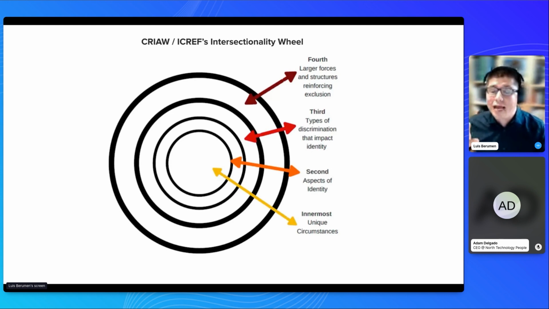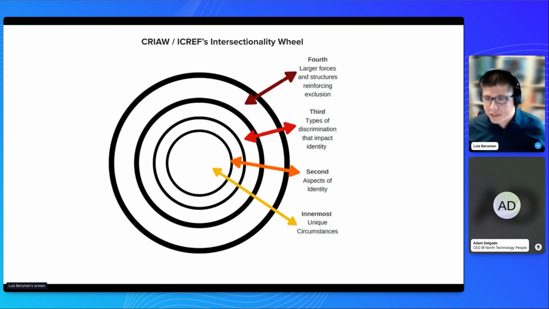Another part is, on the third level, thinking about the types of discrimination that impact identity. And this is something that, for example, when we have a form that directly asks people for pronouns, and maybe the pronouns that they're looking for are not there, but it also makes it required for people to express their pronouns, we are setting up some of those dynamics that potentially can bring discrimination.